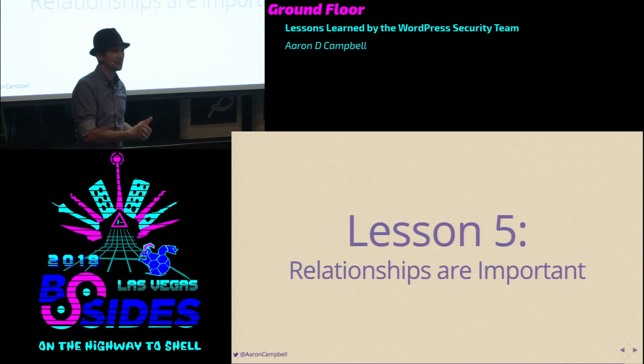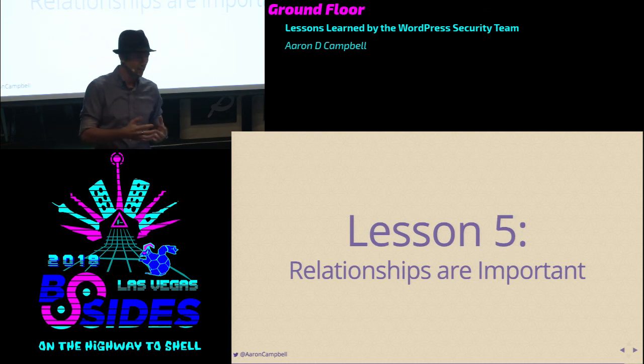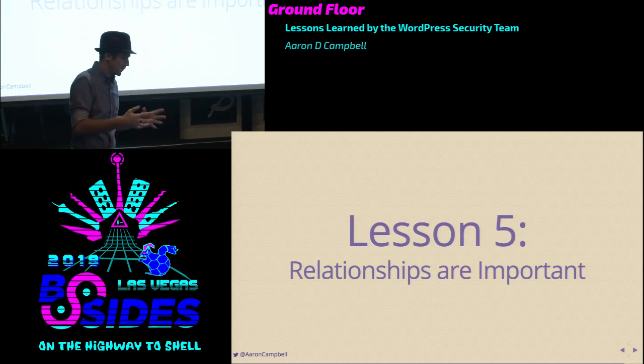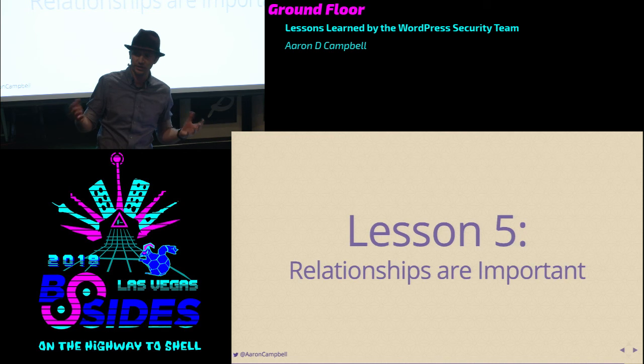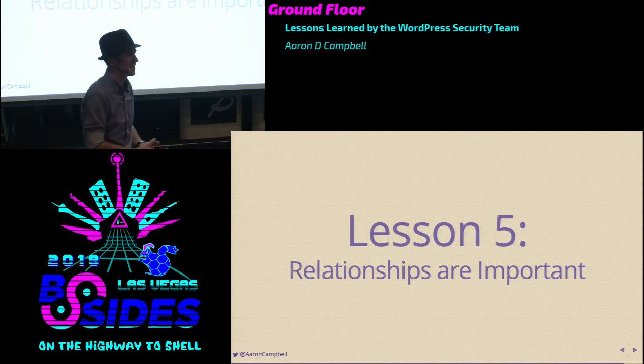We've built a lot of relationships with hosts, WAFs, CDNs, trying to see where we can protect our users in ways that we were never able to before. WordPress could only, when we were just securing our own code, protect users at the application layer once they got all the way down to WordPress.